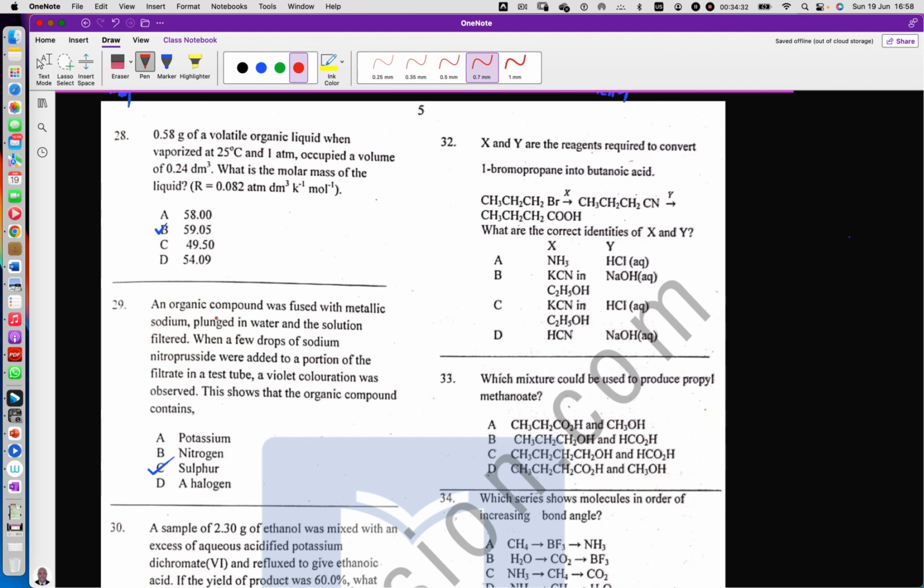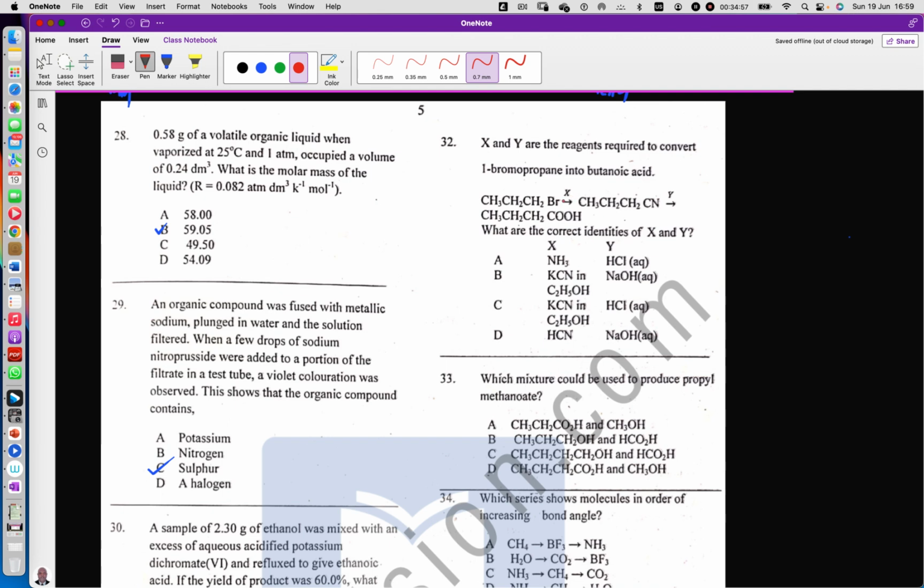Okay, 1-bromopropane has only 3 carbons. In that case, it will have to undergo a reaction with a reagent that adds a carbon atom, and usually it is a cyanide that is used for this purpose.